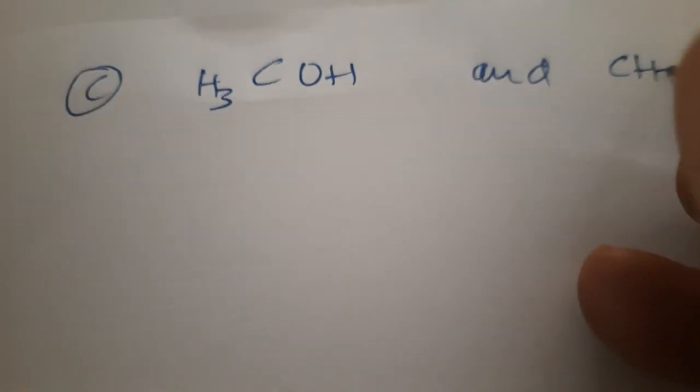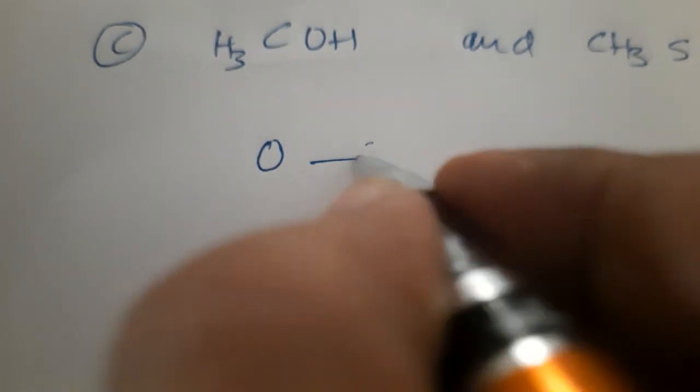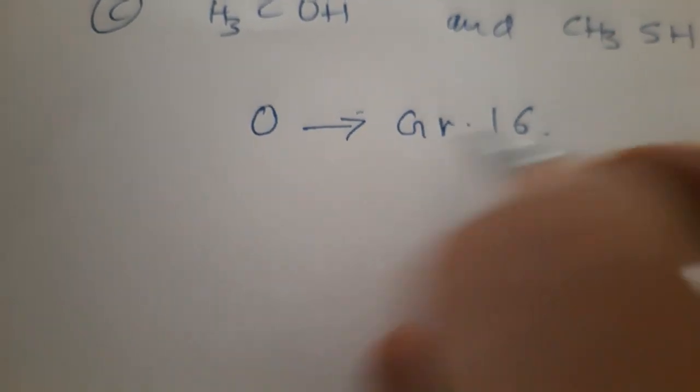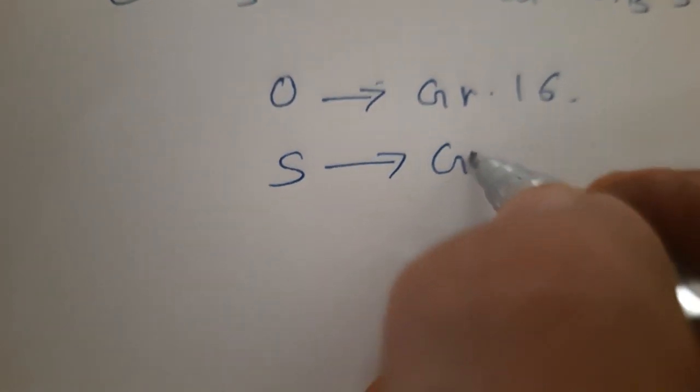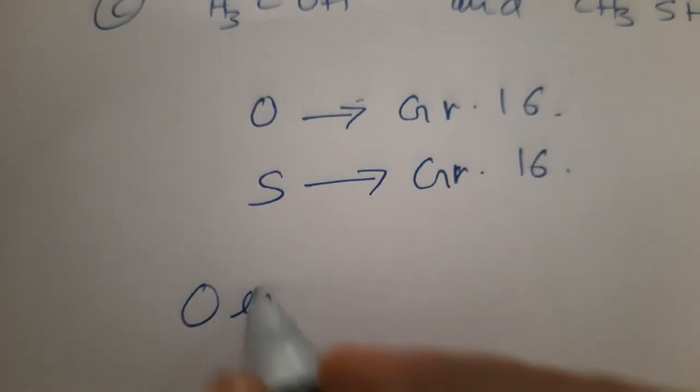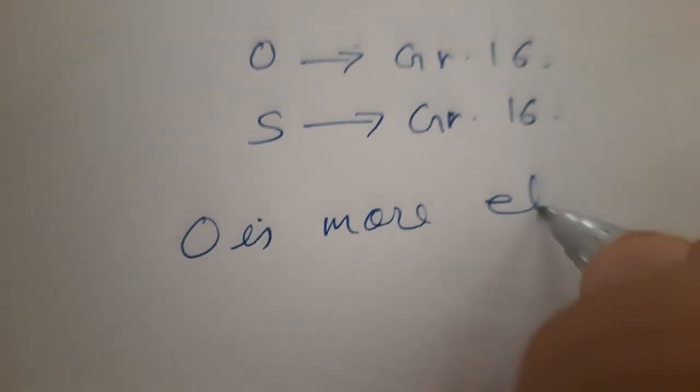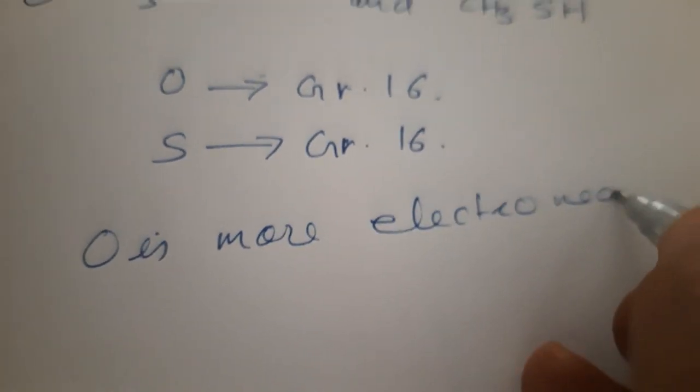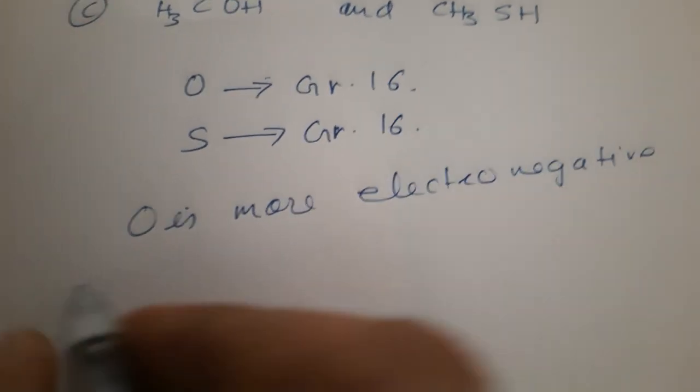The third example is very interesting: CH3OH and CH3SH. Oxygen is in group 16, sulfur is in group 16, so which one is more electronegative? Oxygen is more electronegative than sulfur.